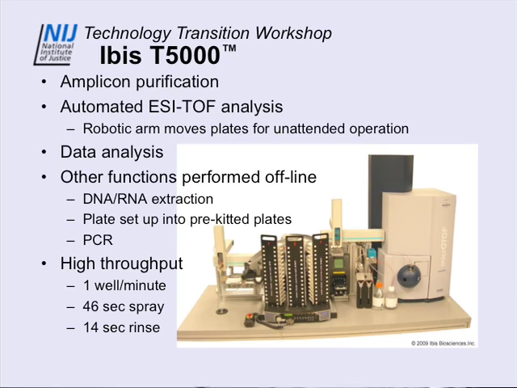Other functions are performed offline, and Kristen Lowry is going to walk you through the whole workflow from extraction to amplification to plate setup. And it can do so with very high throughput. This does about 1 well per minute. It's about 46 seconds of actually collecting mass spectra and about 14 seconds of rinsing in between samples and waiting for the spray to equilibrate and so on.